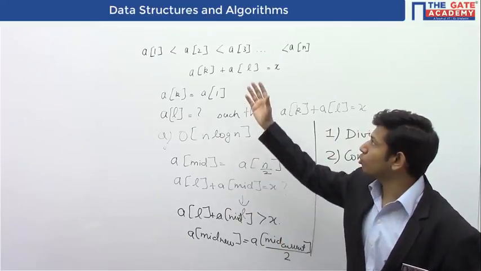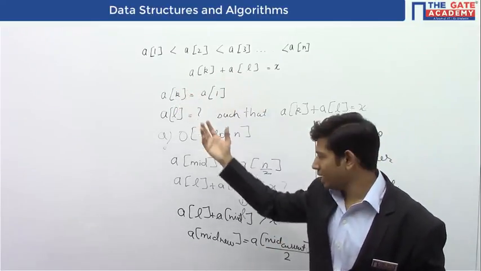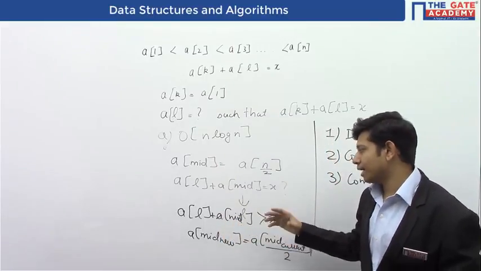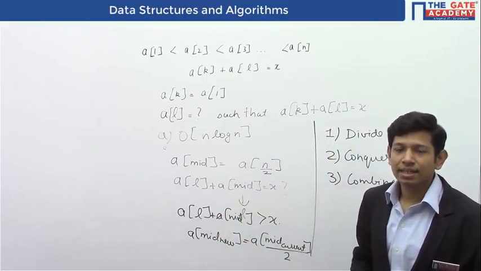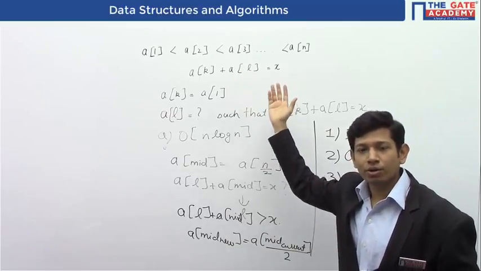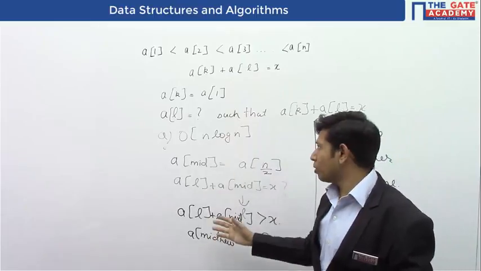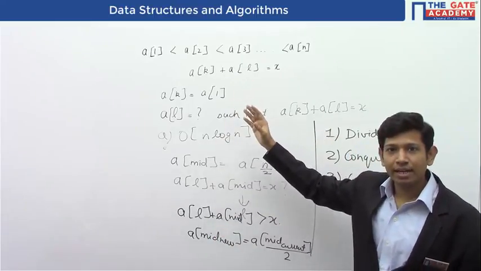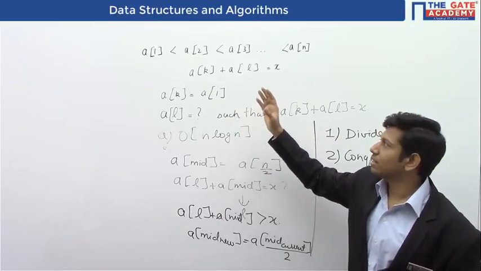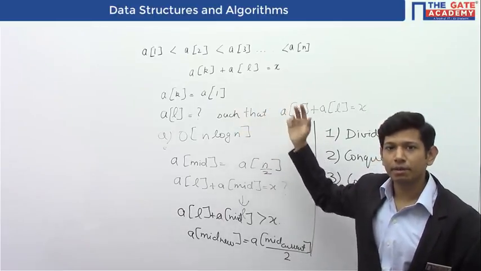So we have now probed the left part of the array because the sum is greater than x. In case the sum had been less than x, then we would have probed the right part of the given mid. Why? Because since the sum is less, the desired value of L would be lying in the right part.